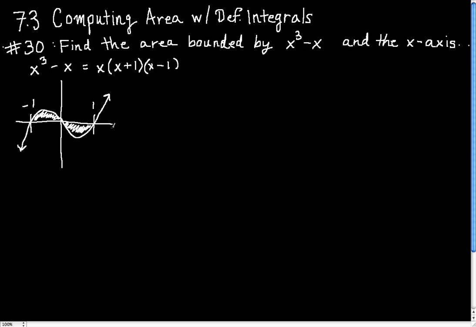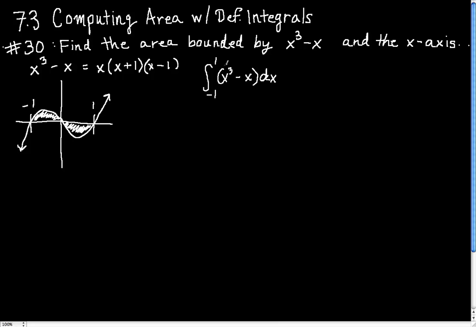Now, how do we find this? Well, normally you might think mistakenly to integrate this function from -1 to 1, but what happens when we do that? Let's just see what happens if I integrate from -1 to 1 of x cubed minus x dx. So what do I do first?